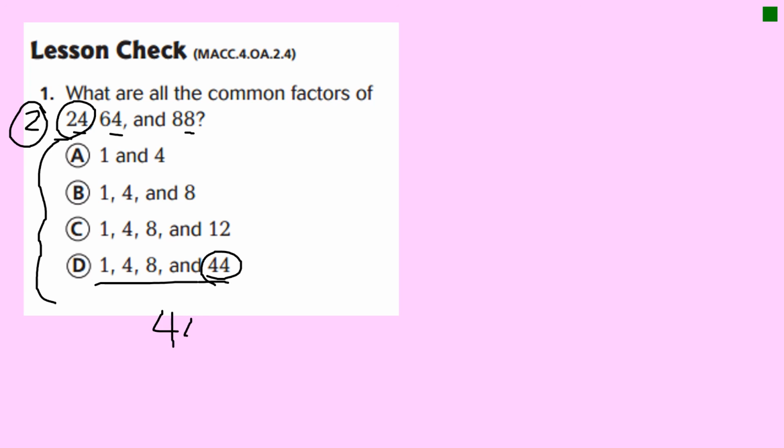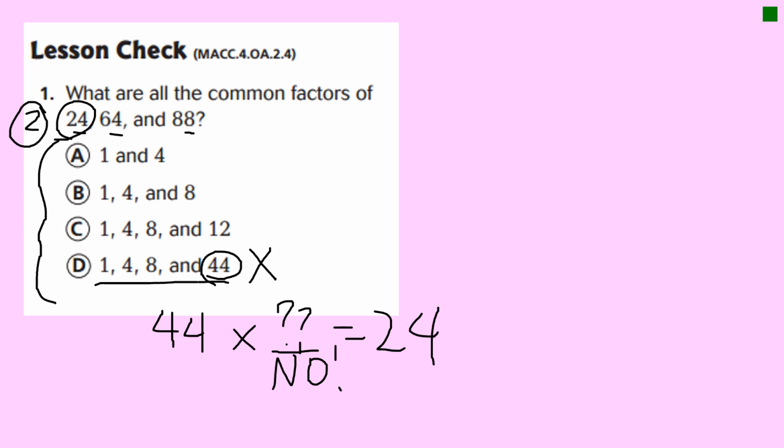You see what I'm saying? 44 times something is 24? No, no, no. D, you're trying to trick us and we're not falling for it. Okay, so let's see if there are any others that are like, you're crazy.